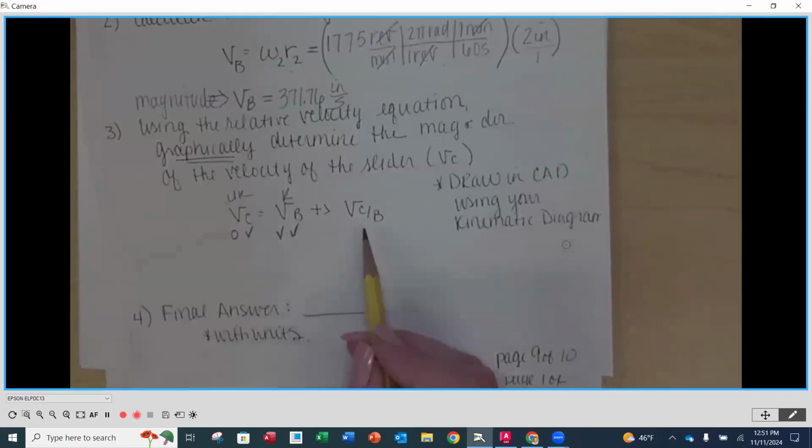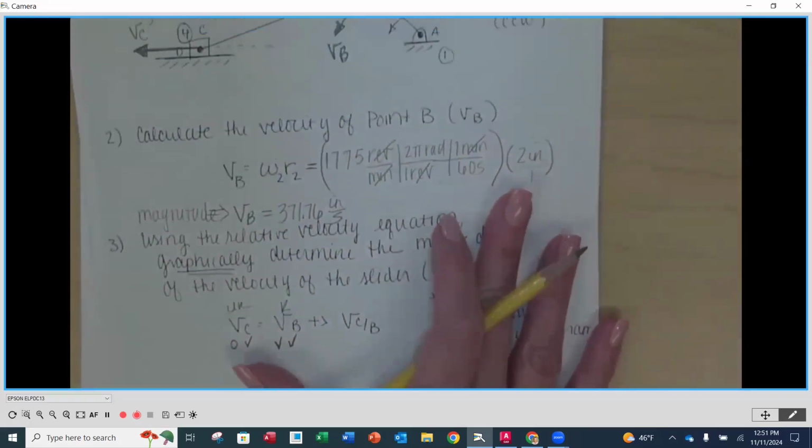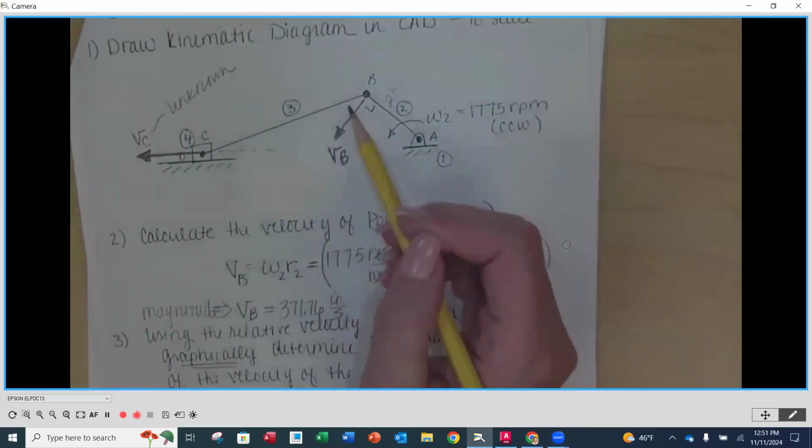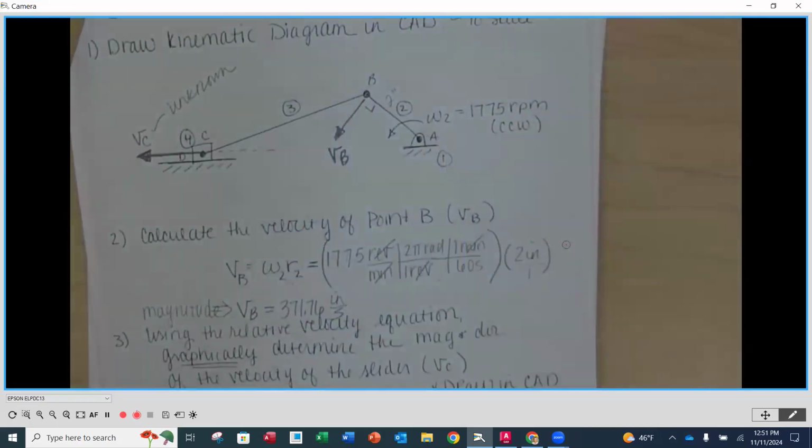All right, and now our last vector is going to be C relative to B. So we're going to go back up here, okay? And C relative to B is going to be on link number 3. And it's not on any one of the endpoints because link number 3 does not have a center of rotation, okay?